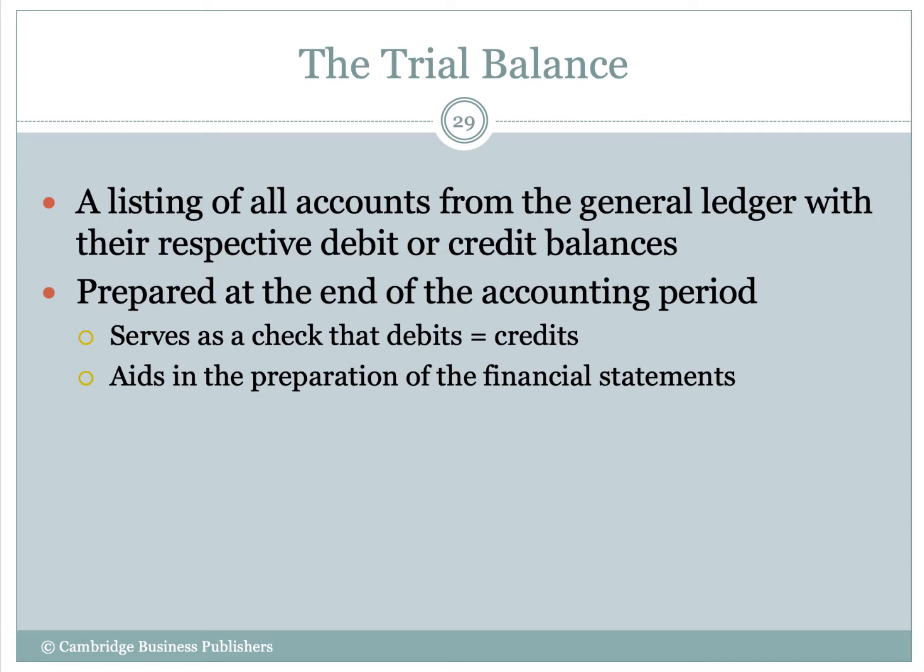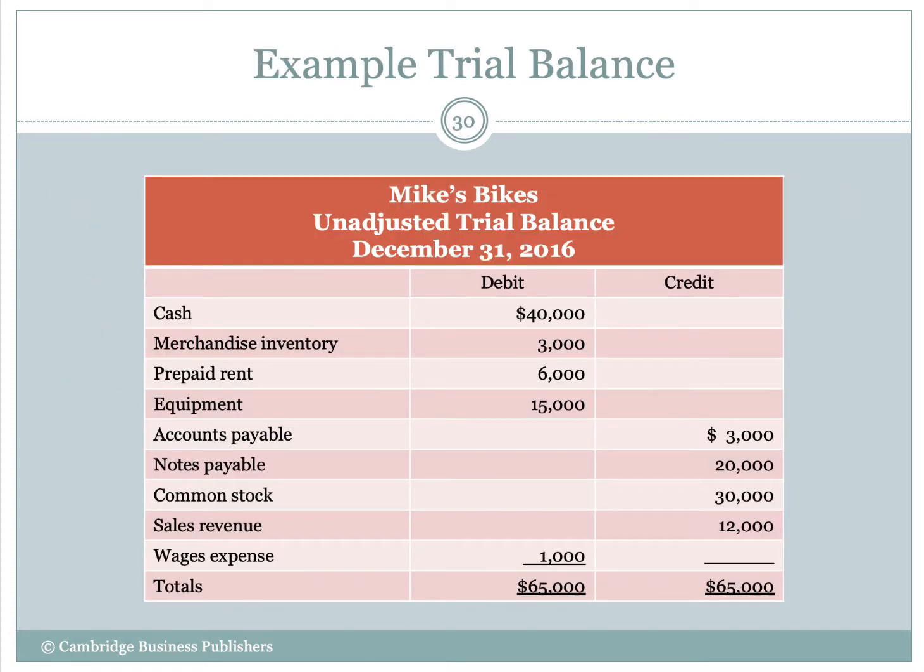So what this trial balance does is ensure that our debits and our credits do in fact equal. In addition to being a check tool for debits and credits, this trial balance is really going to help us going forward, especially when we start putting together the financial statements, the income statement, and the statement of owner's equity. We'll see how to use the trial balance.